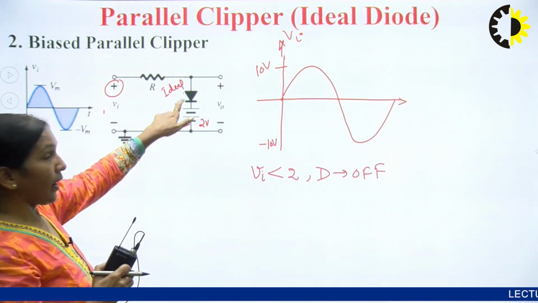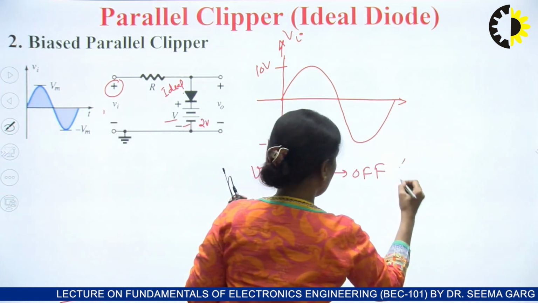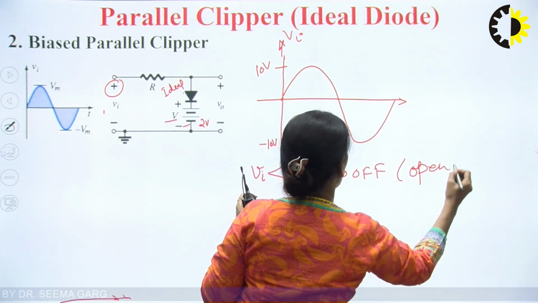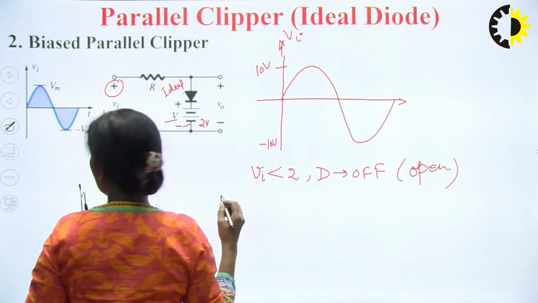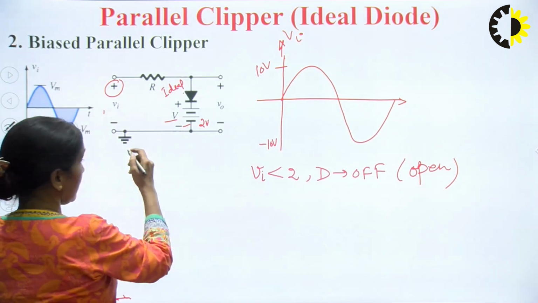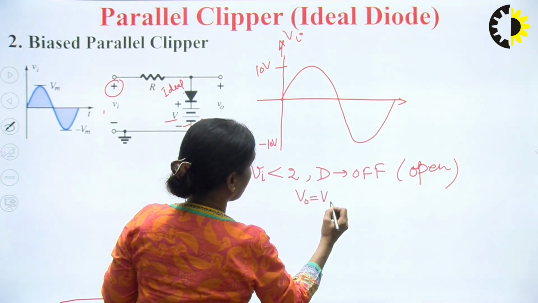This will make your diode reverse bias. So diode will be off, that means it will be open circuit, and if it is open, that means output will be equal to input.